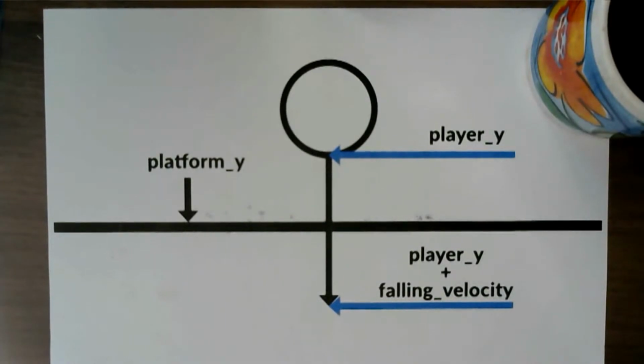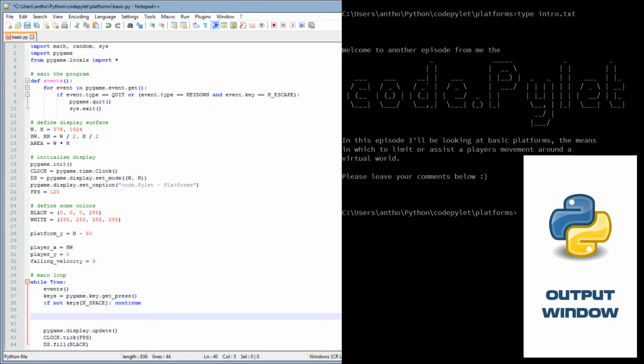So let's go back into the code and test that. If player y is less than or equal to platform y and player y plus falling velocity is greater than or equal to platform y, then player y equals platform y.